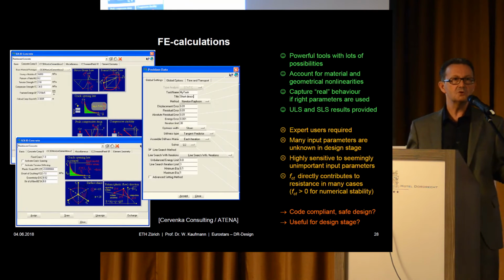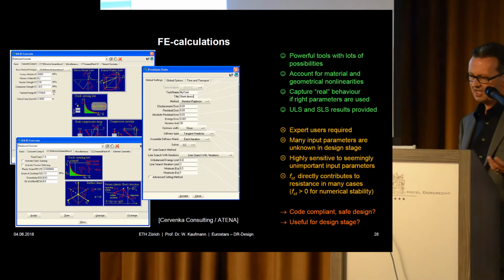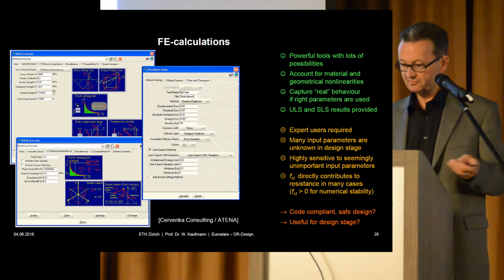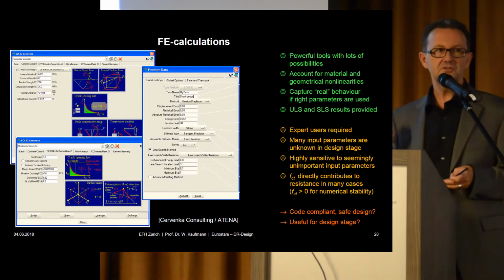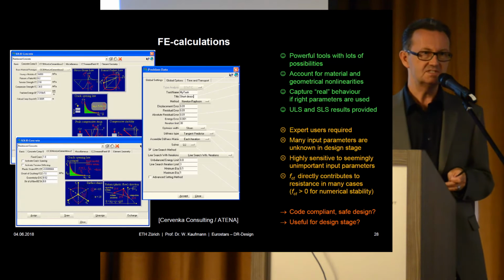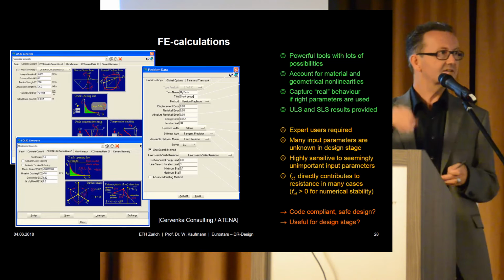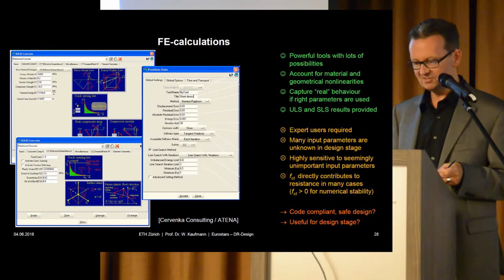We use them for postdiction of our experimental results. You can account for material and geometrical nonlinearities, even buckling you could cover with these. They do capture the real behavior if you use the right parameters, let's put it this way. It's possible, but it's very tricky. It takes two weeks, I think, as Yuri said before, sometimes even longer in my experience.